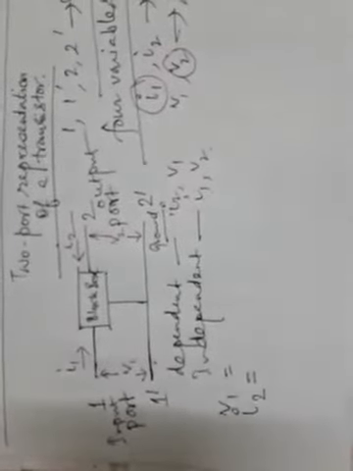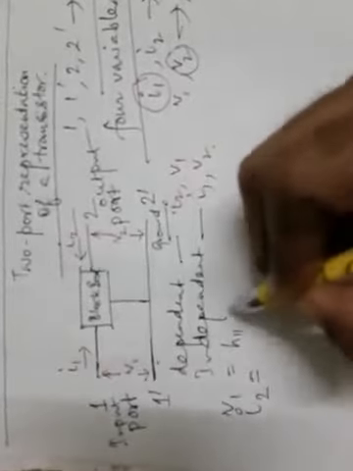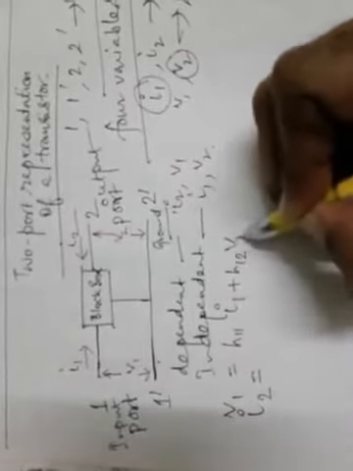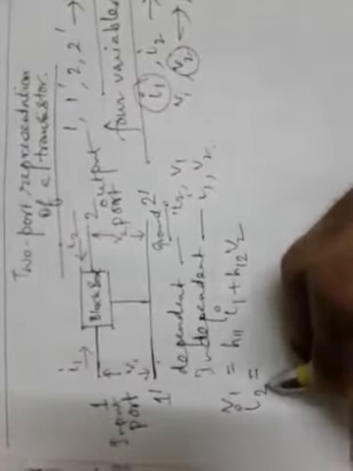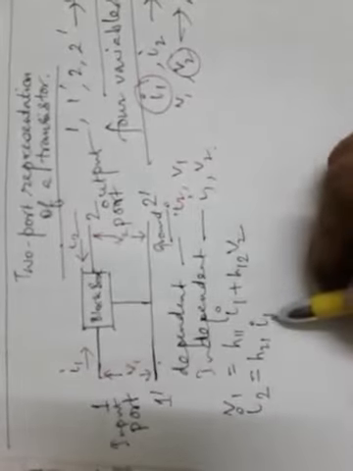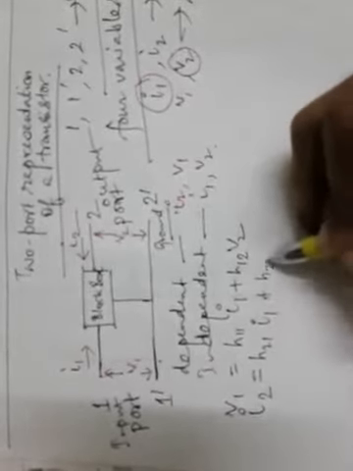So two equations will be, one having V1 equal to and another having I2 equal to. So we can write V1 equal to H11 I1 plus H12 V2, and I2 equal to H21 I1 plus H22 V2, once again I2 in terms of I1 and V2.